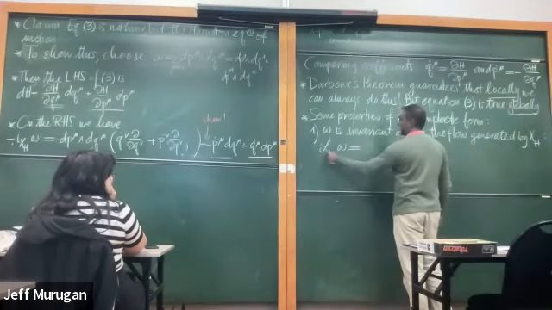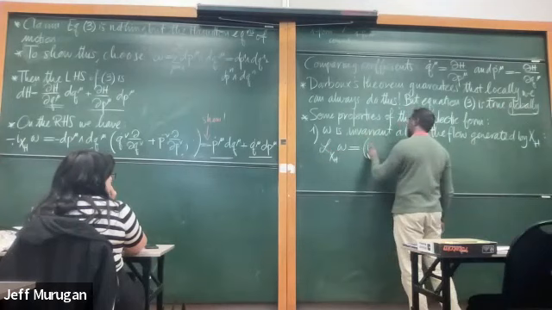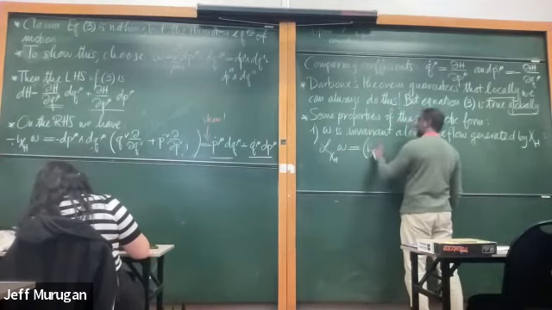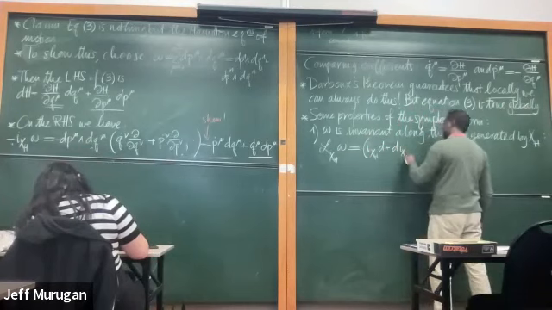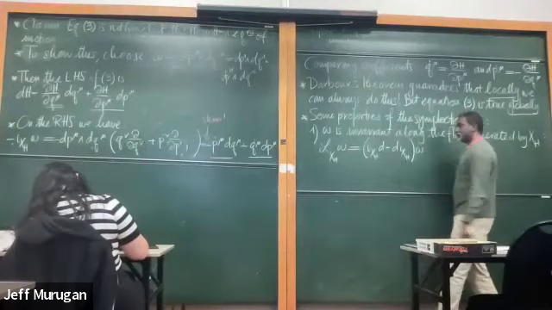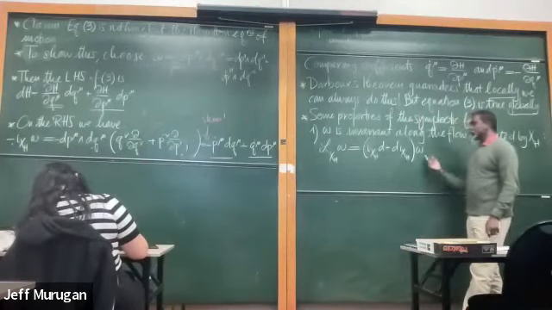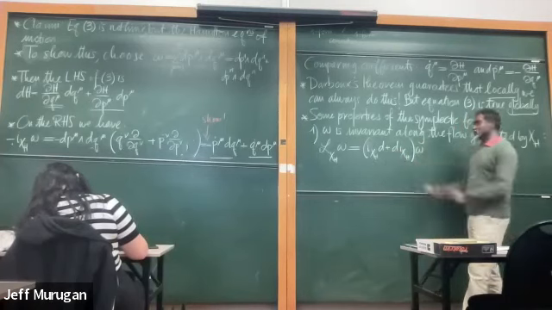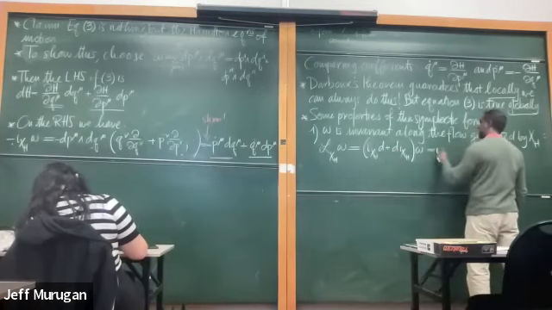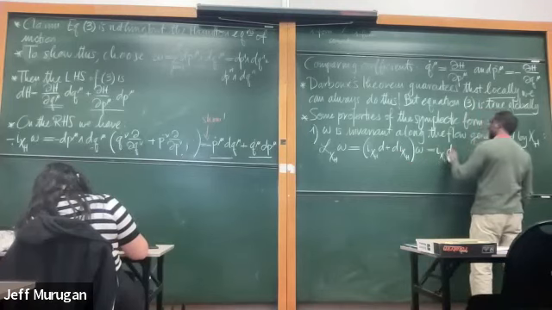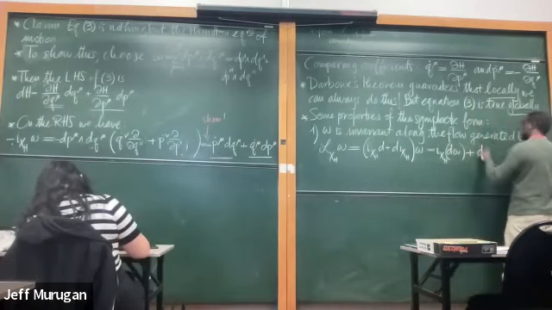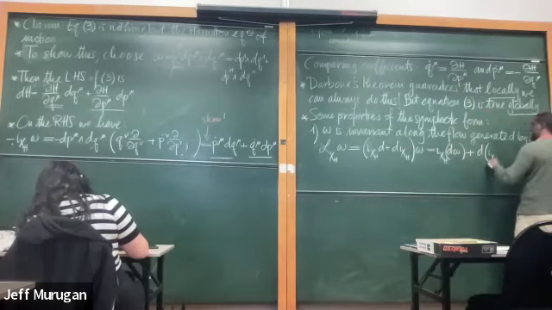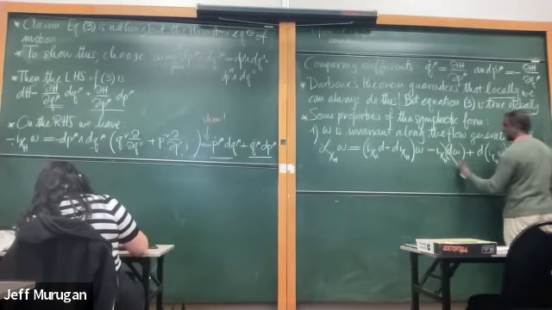It's the case because I can write this as i_{X_H} d omega plus d i_{X_H} acting on omega. Omega is a closed form. So the first term here vanishes.